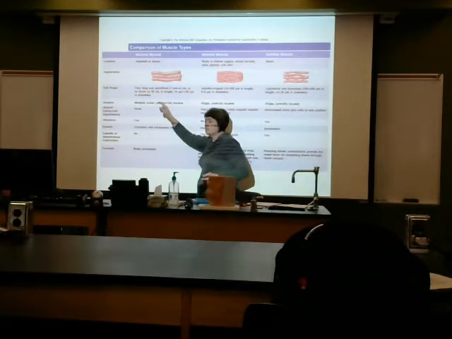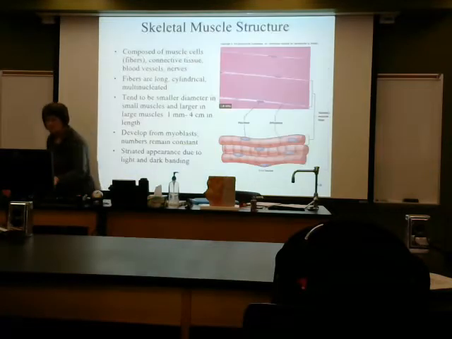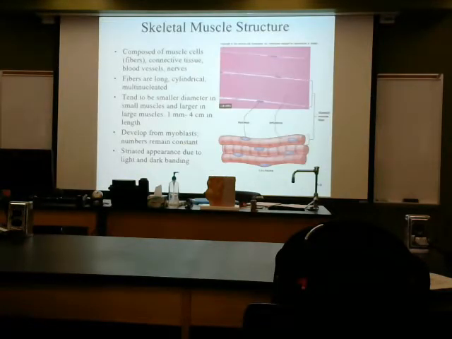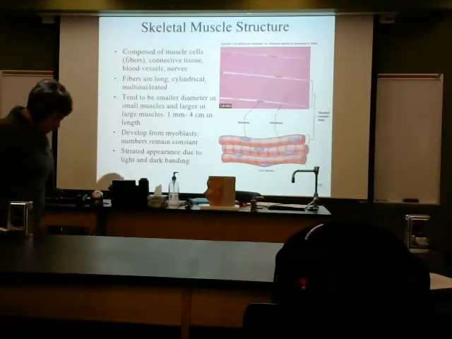With skeletal muscle, which we're pretty much going to focus on for this chapter, we're looking at long cylindrical tubes. That's pretty much what we're looking at. Have you ever cooked a roast in the crock pot or the oven?